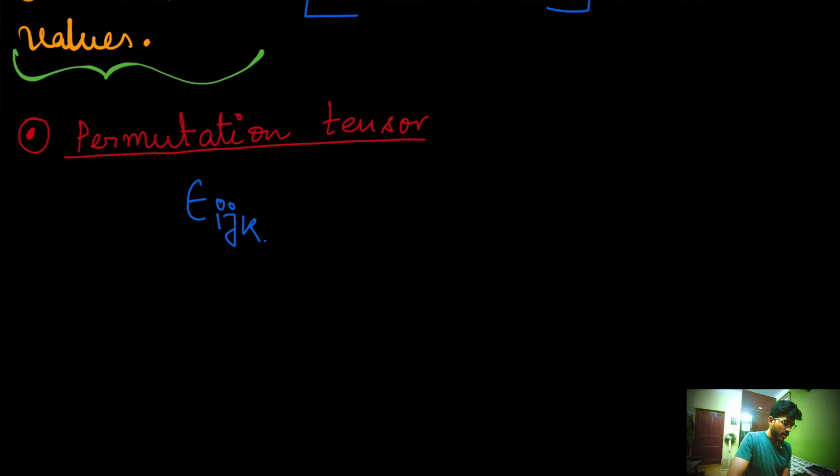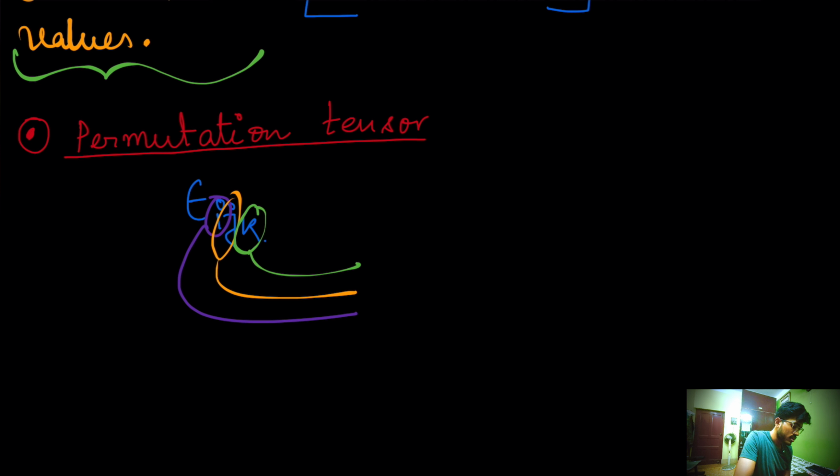Now you see that here I have 3 independent indices. So this i, this j and this k, all these are free indices.